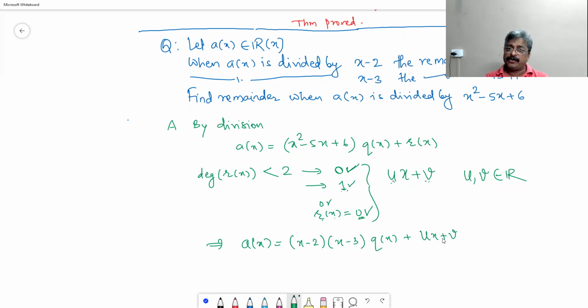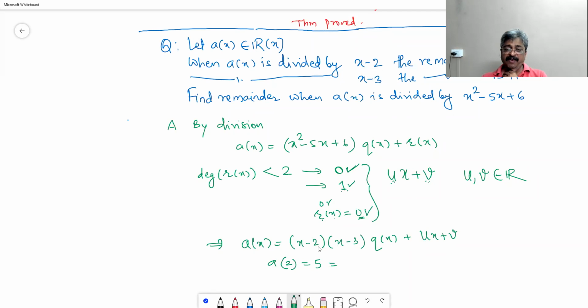If a of x is divided by x minus 2, remainder is 5. So let us see how much is the remainder when divided by x minus 2. So remainder a of 2 is equal to 5. That is what is given. A of 2 is 5.